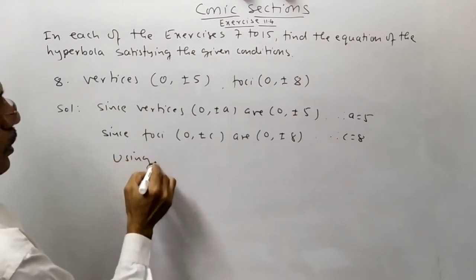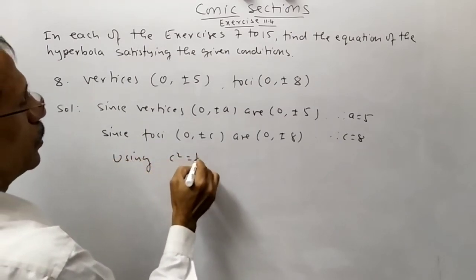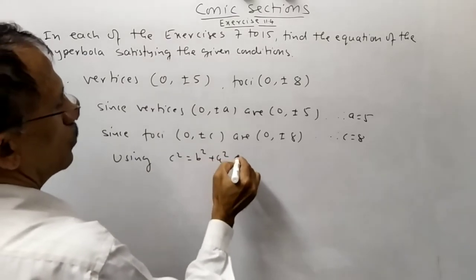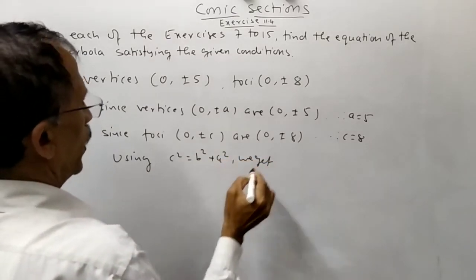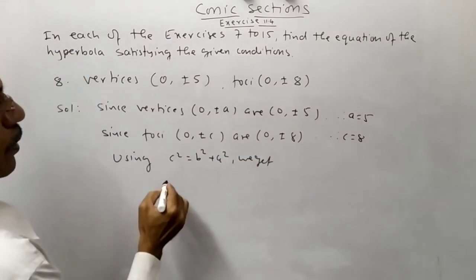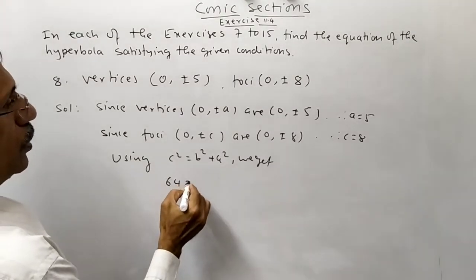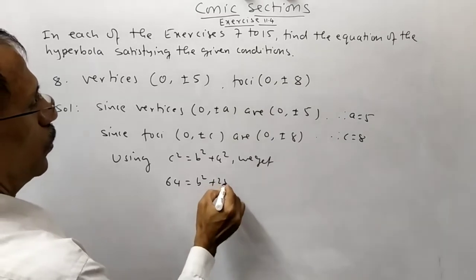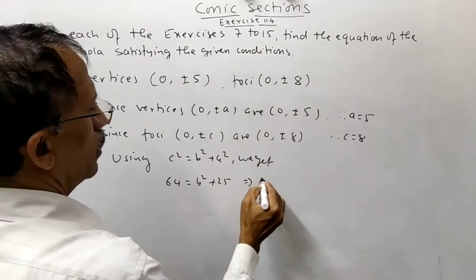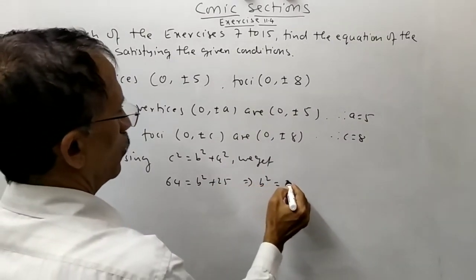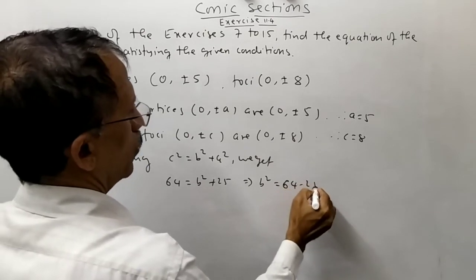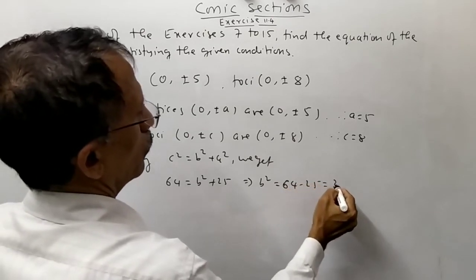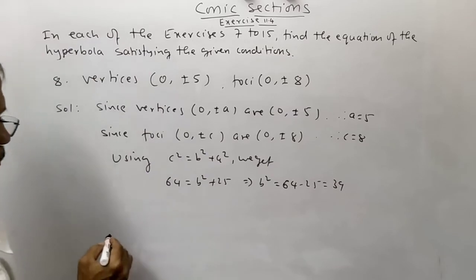Using c square is equal to b square plus a square, we get 64 is equal to b square plus 25. This implies b square is equal to 64 minus 25 is equal to 39.